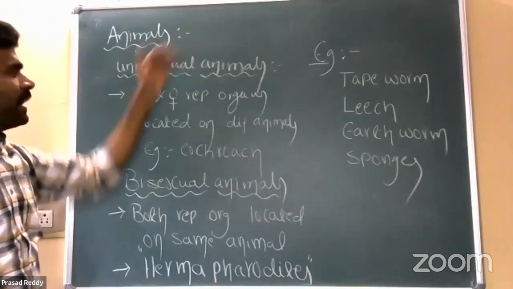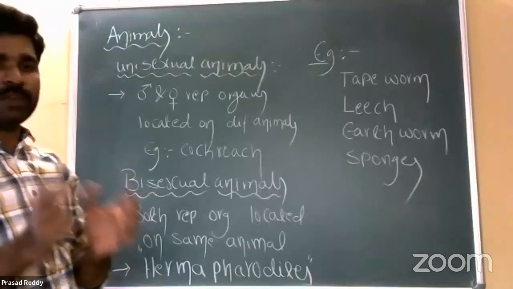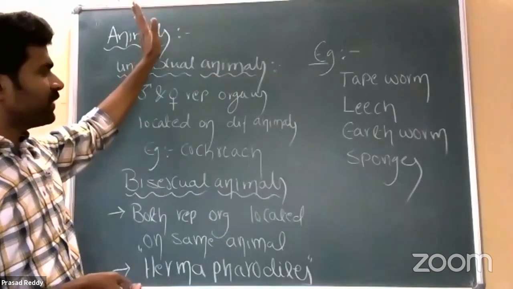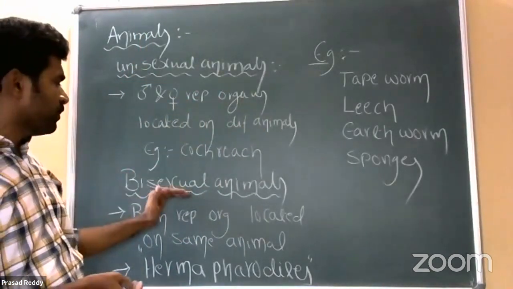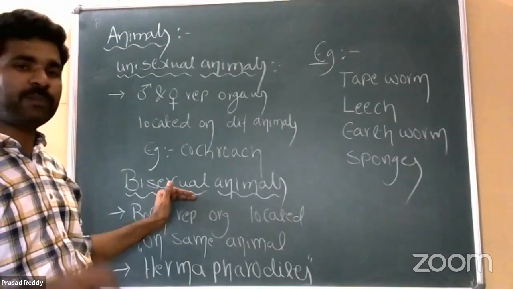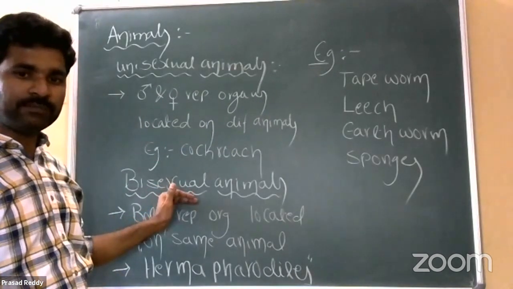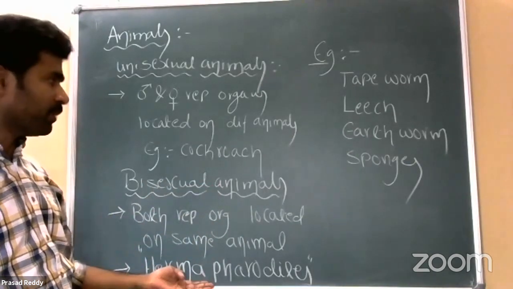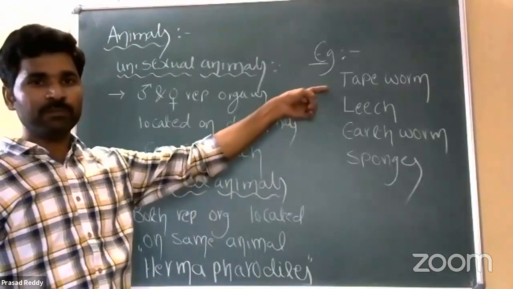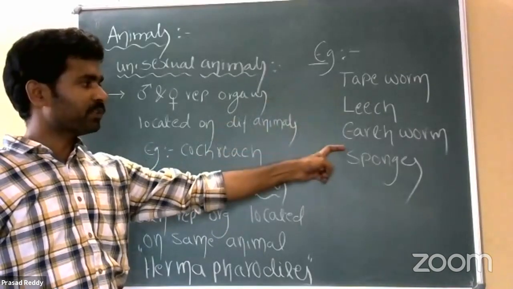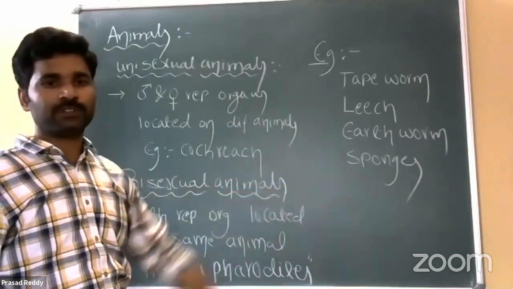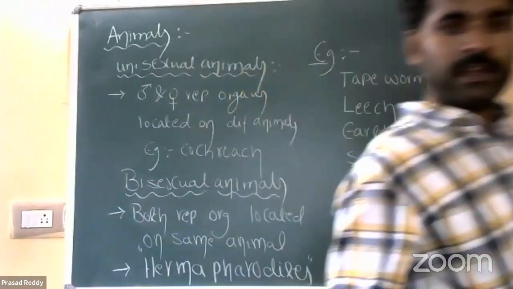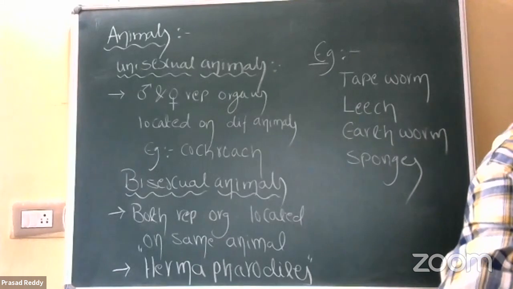Unisexual animals have male and female reproductive organs on different animals, so the male animal is different and the female animal is different. But in bisexual animals, both are located on the same animal. They are also considered hermaphrodites. Examples: tapeworm, leech, earthworm, sponges.